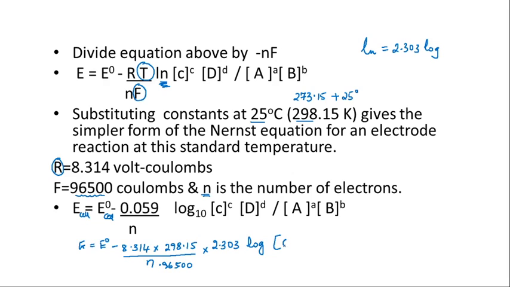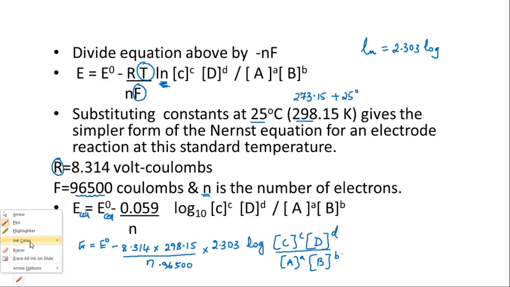We have log of concentration of C raised to c, concentration of D raised to d divided by concentration of A raised to a, concentration of B raised to b. Okay, now to get this value, what we have to do is multiply all these numericals.